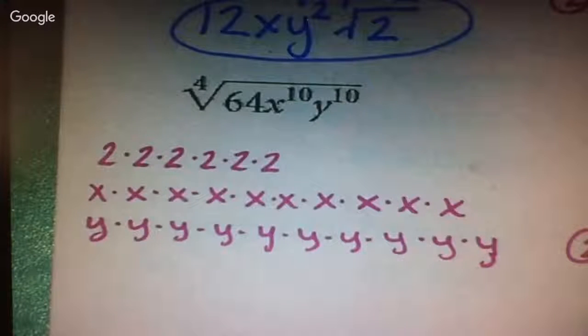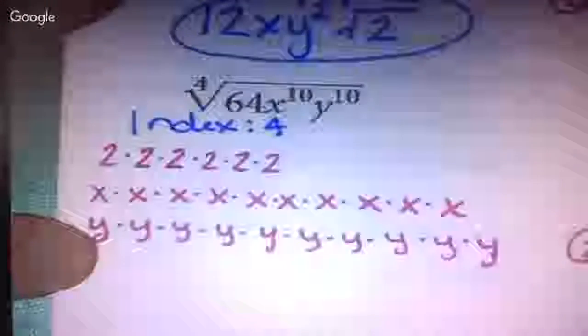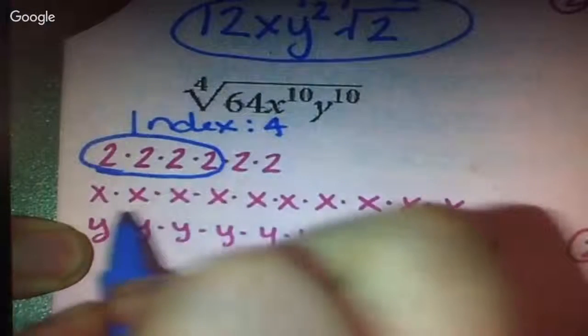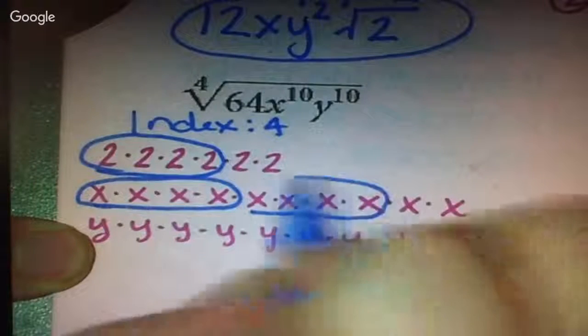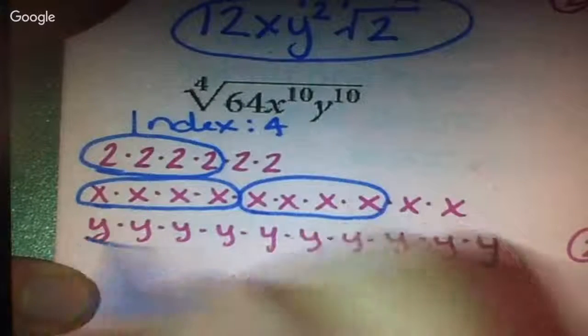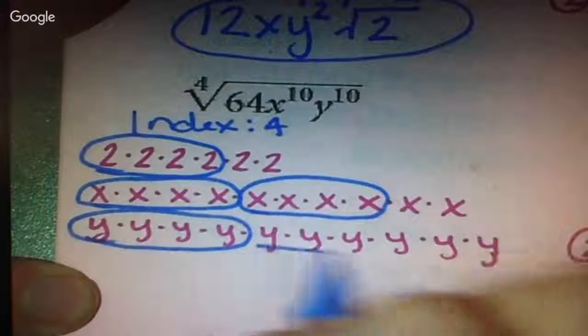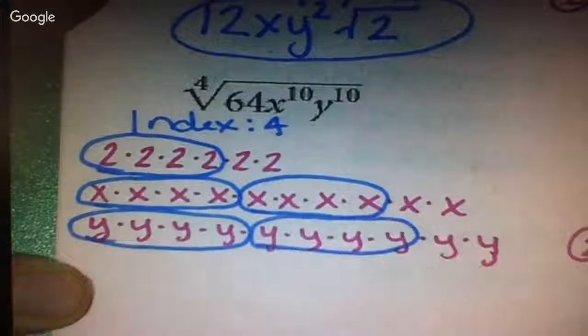What is my index? 4. That means I need to have 4 in a group. So here's some 2s, here's some x's, here's some more x's, here's some y's, and some more y's.